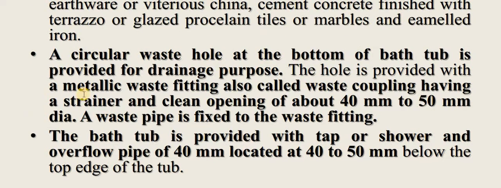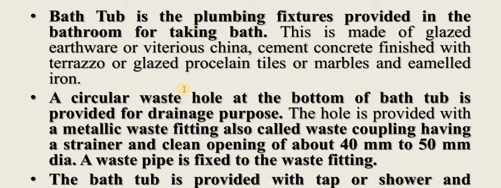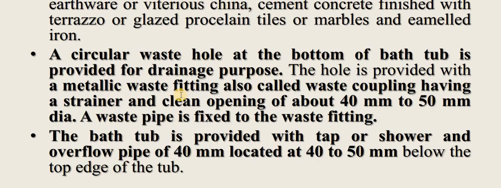First of all, you have to understand that the bathtub is used for taking a bath. The hole is provided with a metallic waste fitting, also called a waste coupling. This is an important term.